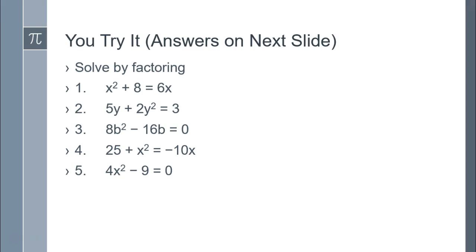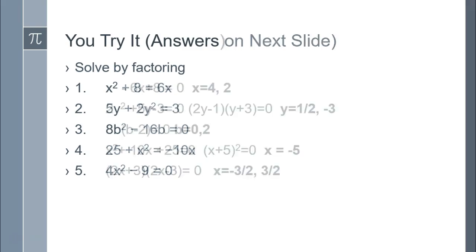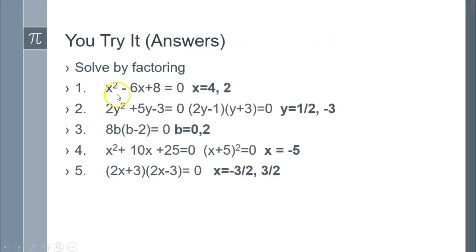You could have moved the x squared plus 8 by subtracting them, but it's nice to have positive leading coefficients when you factor. So we moved the 6x, and when I did that, it gave me a minus 6x on the side. I put it in order, and then I factored to x minus 4 times x minus 2, and I got x is 4 and x is 2. So the answer is x equals 4 or 2. The work would be the factoring and the rearranging.